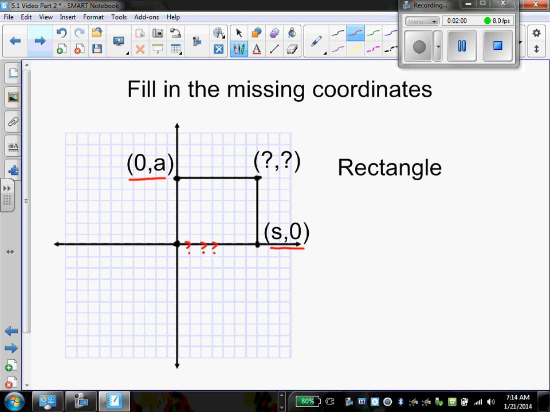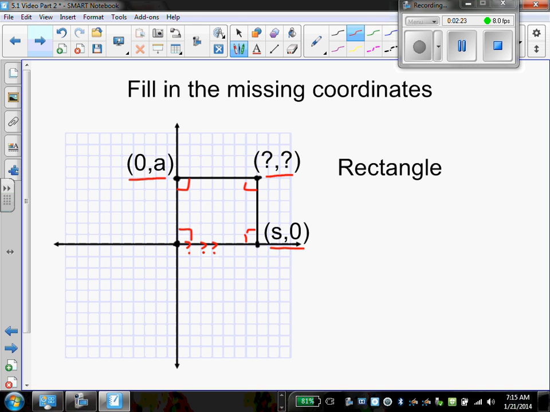So then we're asked to figure out what these coordinates are. And what we have to use is the information that's given to us already in the problem to help us do this. And we need to know some things about these shapes. For example, rectangles. We know that they have 90-degree angles at all corners.